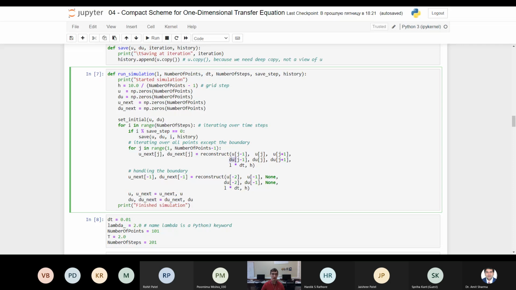We do the same for the derivative. And we also pass parameters lambda multiplied by the time step and the grid step. So this procedure is performed on every time step, and it finds the values on the next time step in every internal point of the mesh.